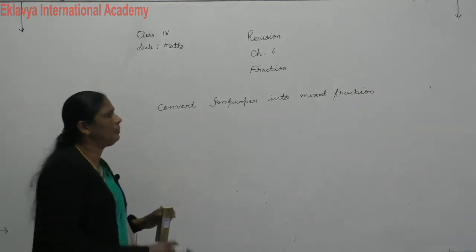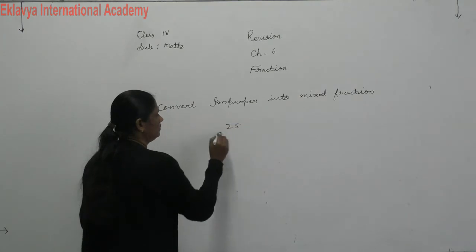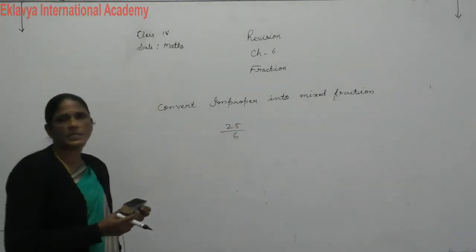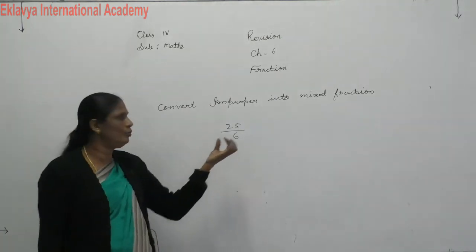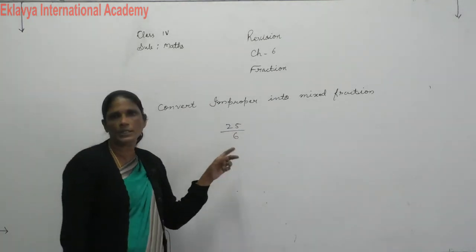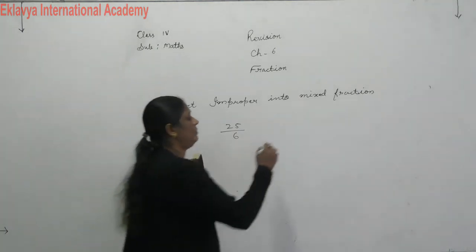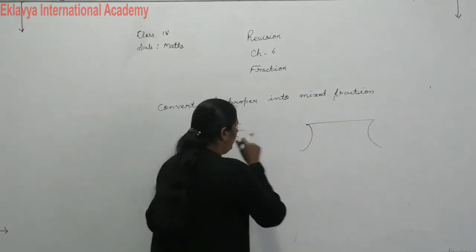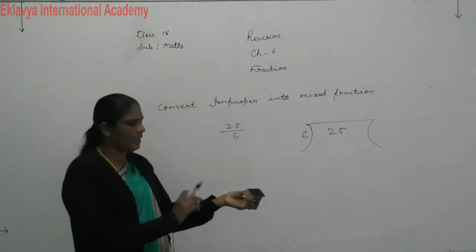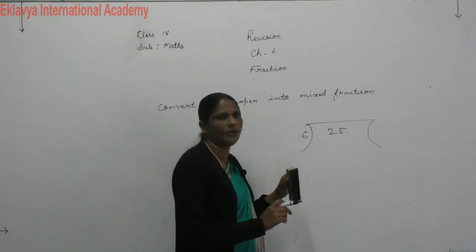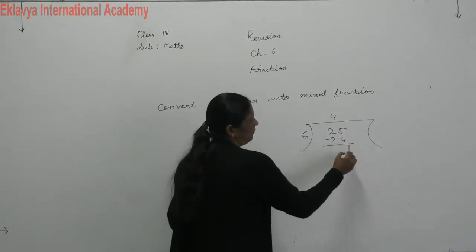How to identify an improper fraction? The numerator is big and the denominator is small. First you divide this number: 25 divided by 6. In the table of 6, how many times does it go? 4 times, 24, then remainder 1.